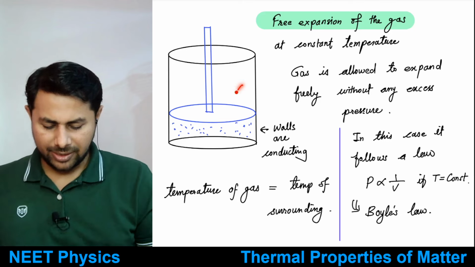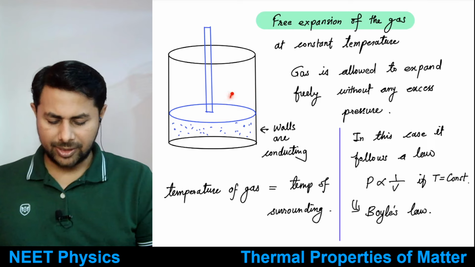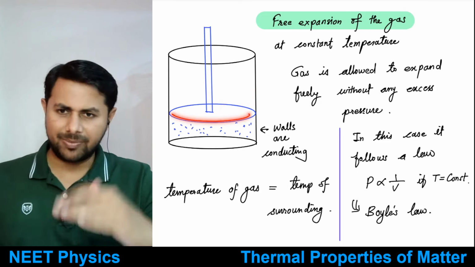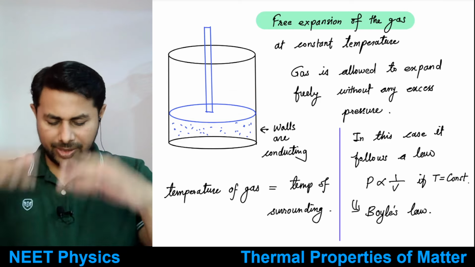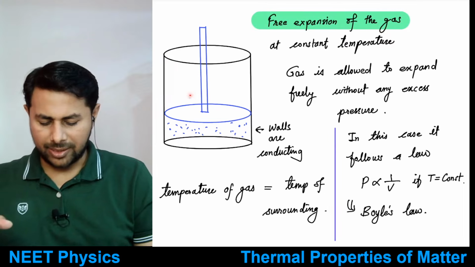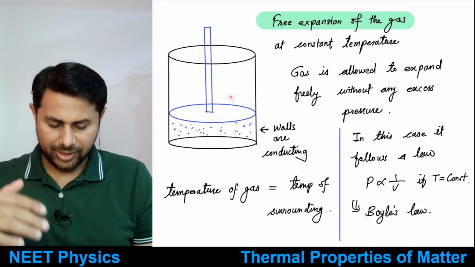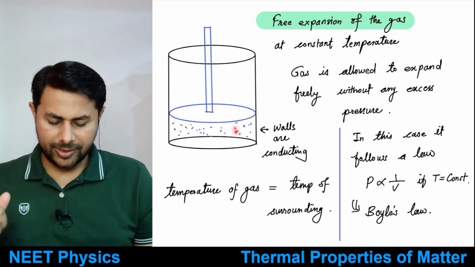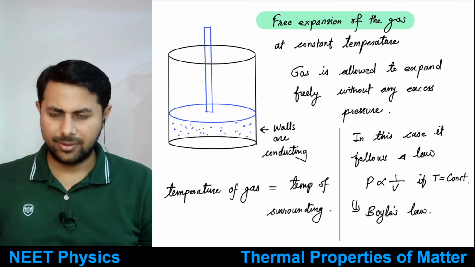So similarly, pressure in this case is also atmospheric pressure only, because you have just kept the piston, and the piston is weightless. So how much pressure would be there above the piston? Atmospheric pressure. Pressure below the piston would be the pressure of this gas, right?